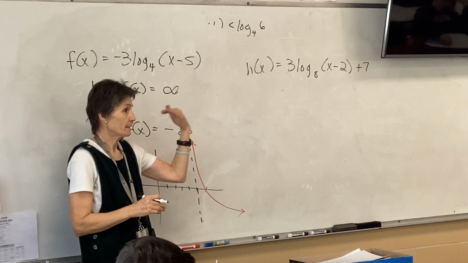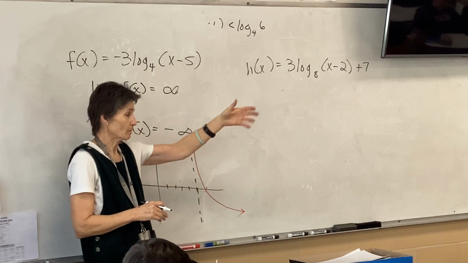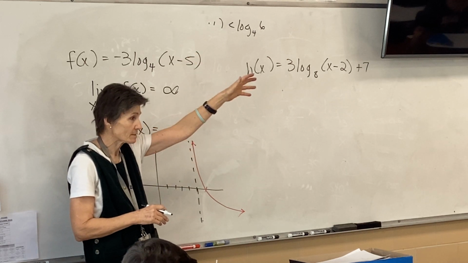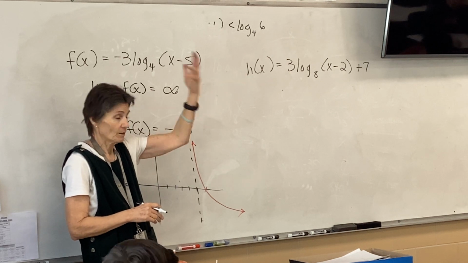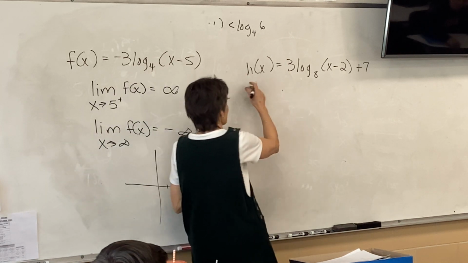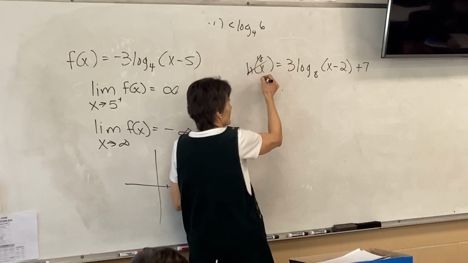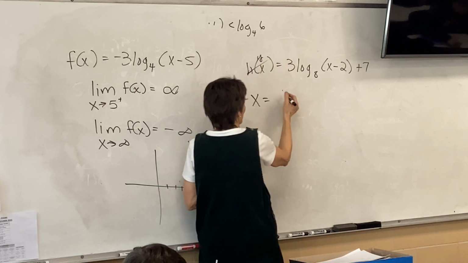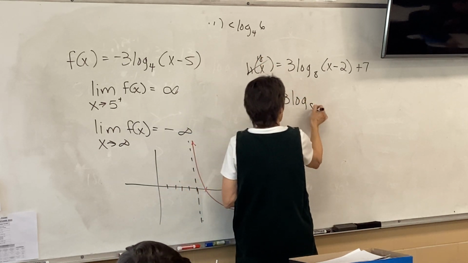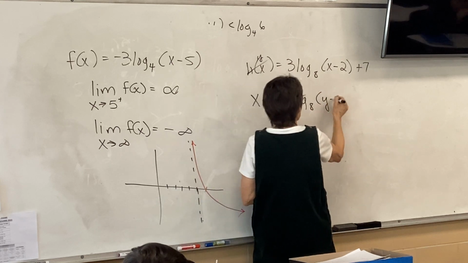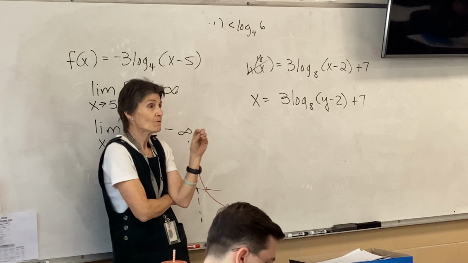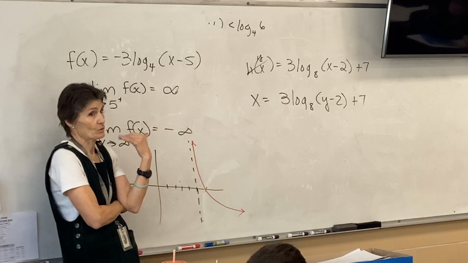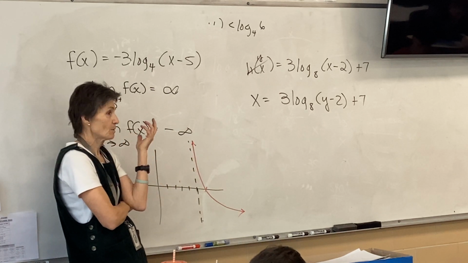Okay, so again, back to 2, 8, 2, 9, whatever that was. How do we find an inverse? Flip x and y. So keep in mind, this is y. So I'm going to make this x equals 3 log base 8, y minus 2 plus 7. Whatever you are finding the inverse of, switch the x and the y.